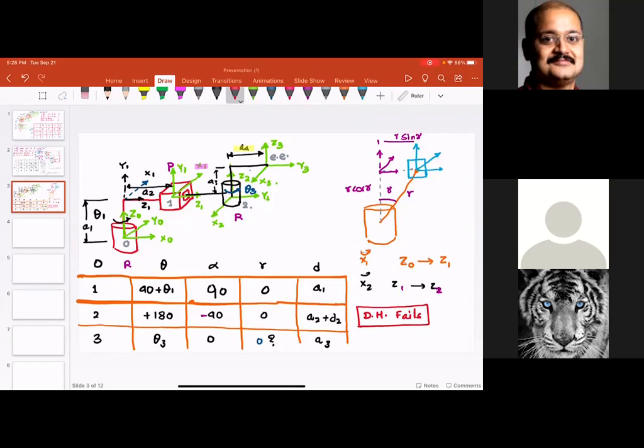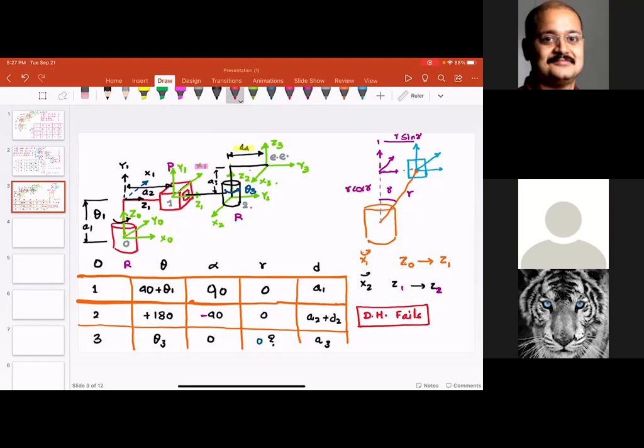Yes, then you can do that, or you can use modified DH parameters. Like our rules, the rules that we follow to set up our coordinate frames, we need X3 to intersect with Z3 and Z2 anywhere. We need X3 to intersect. Yeah, you will. But if we rotate it, we will follow that rule also and we will account for A4. Correct, I agree.